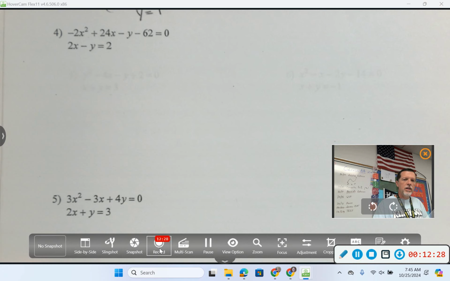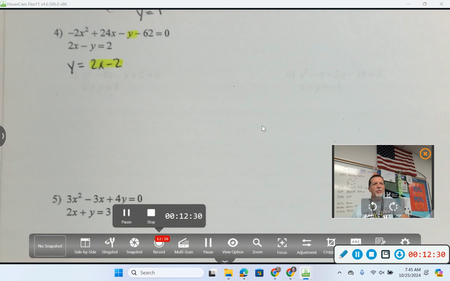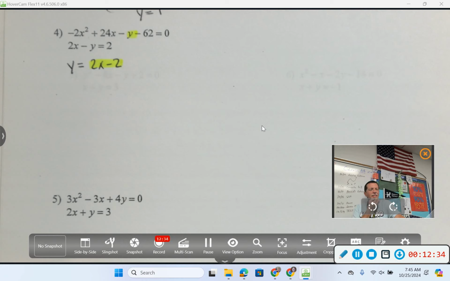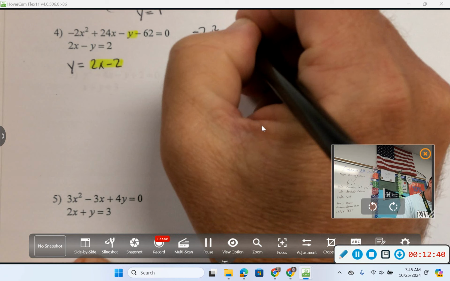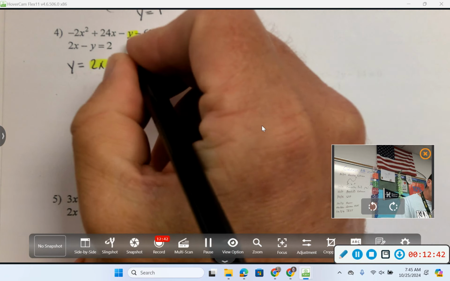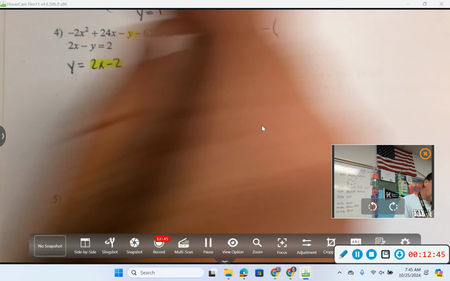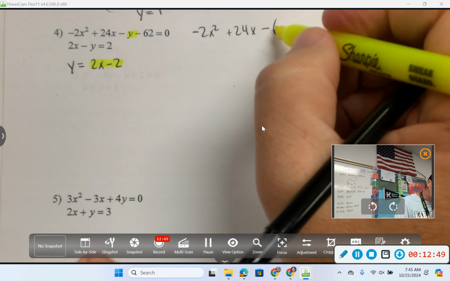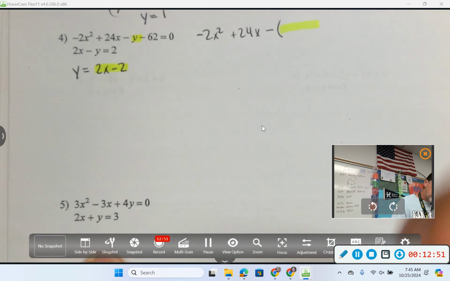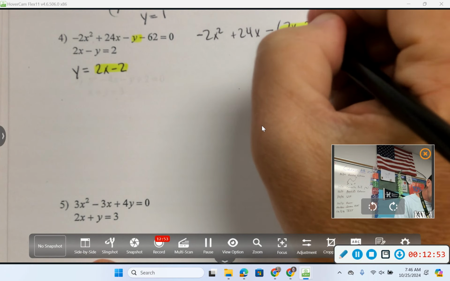Okay, so I'm solving for y, and then substituting for y. So negative 2x squared plus 24x. Let's be careful with the minus sign here, because I need to subtract all of that. Don't you distribute the signs?